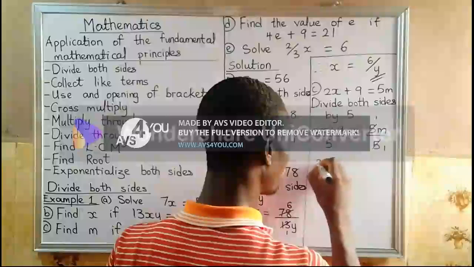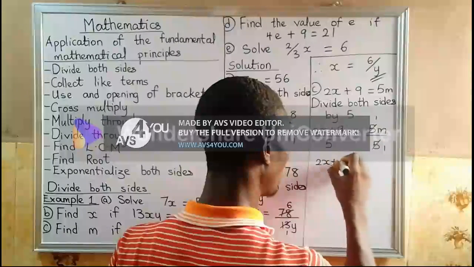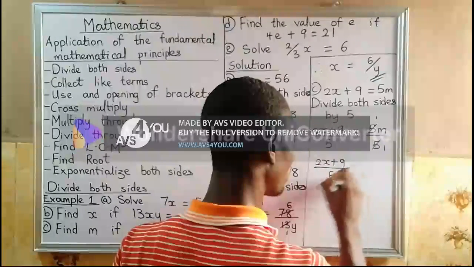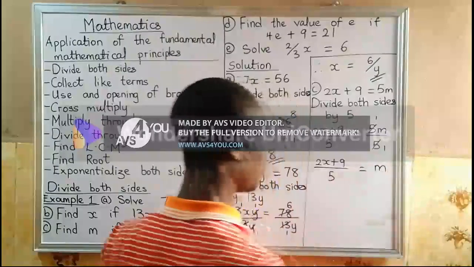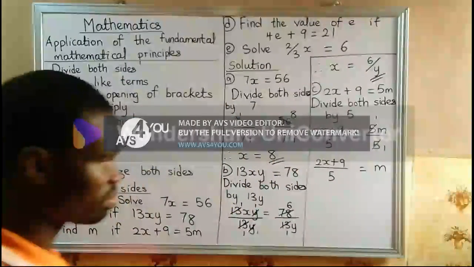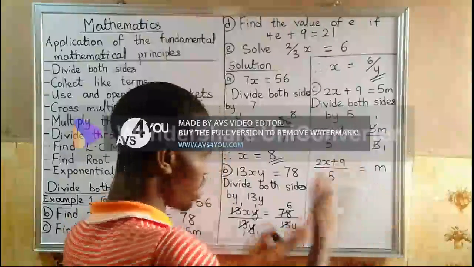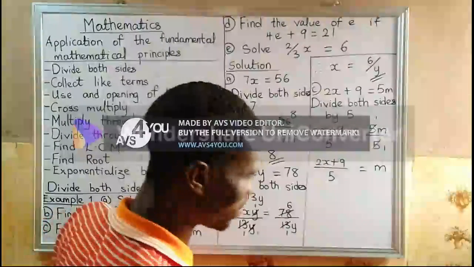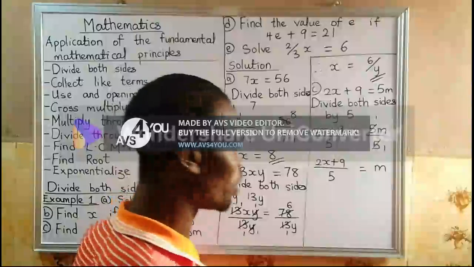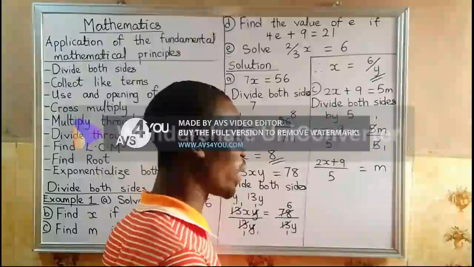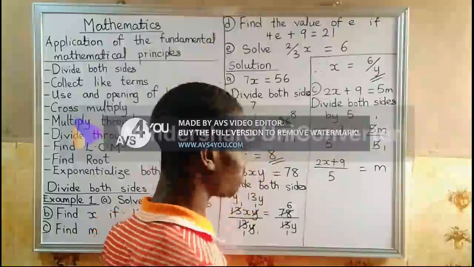So we have 2x plus 9 all over 5 equals m. Okay? Some may think this looks somehow. It should be m equals something. Of course, we can write it in that way too. And why can we write it that way?